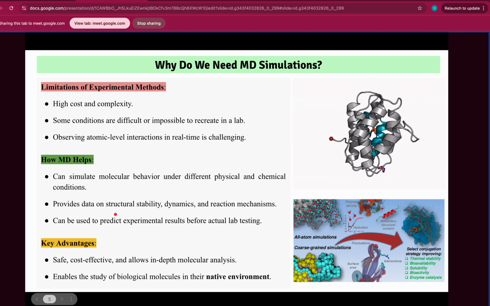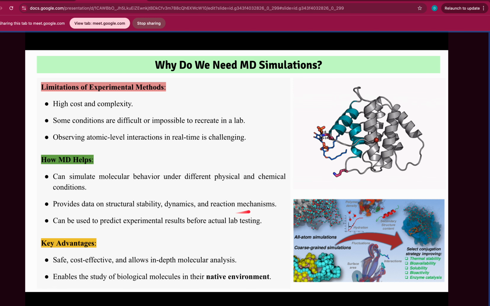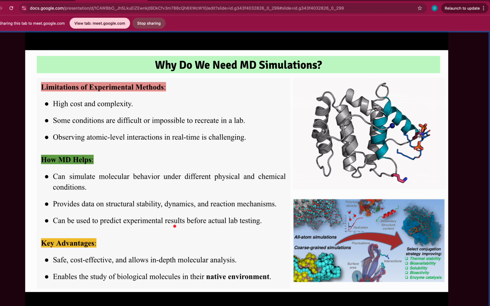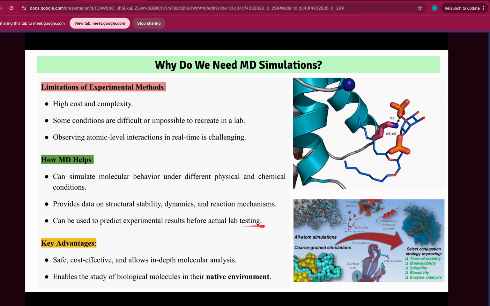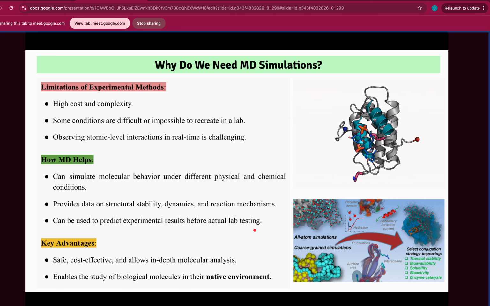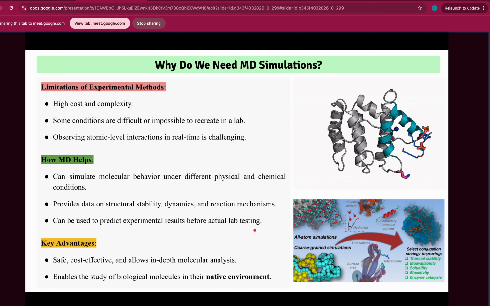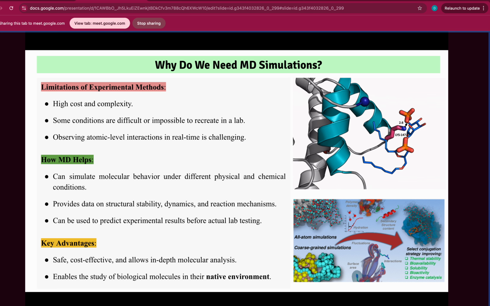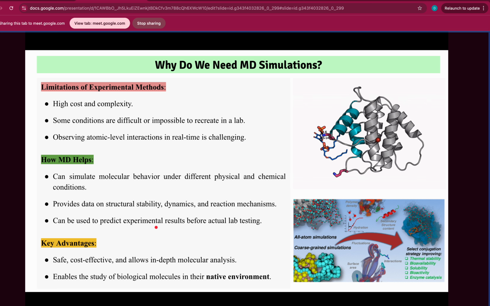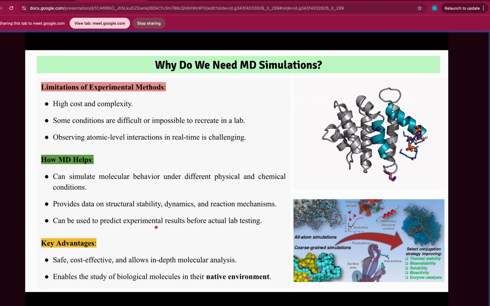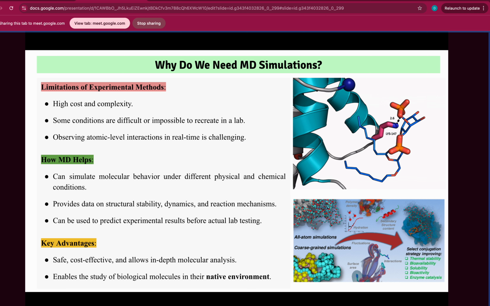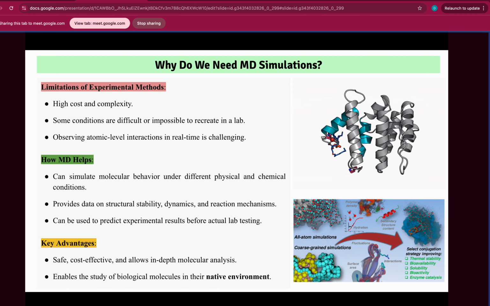Then it provides data on structural stability, dynamics and reaction mechanisms. And then it can also be used to predict the experimental results before actual lab testing. Although we all know that lab testing will give us the result with 100% confidence, because those situations are really happening, the advantage of MD is that we can get some idea whether we should proceed with this experiment or not.